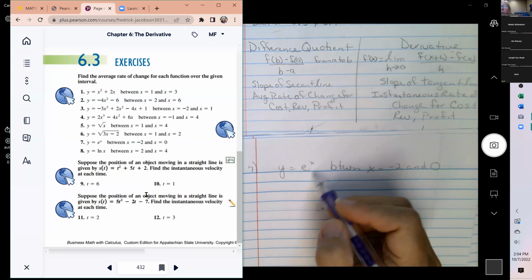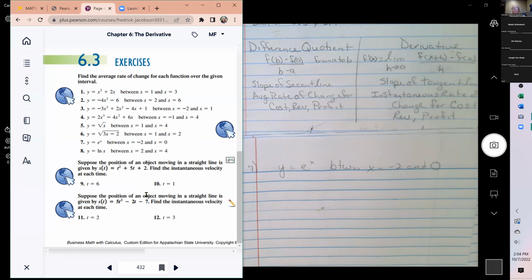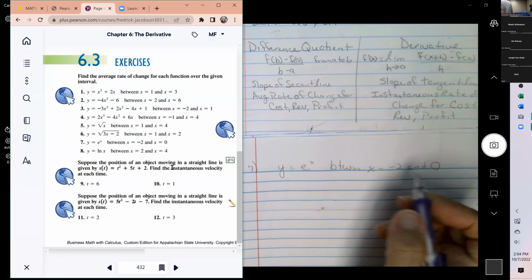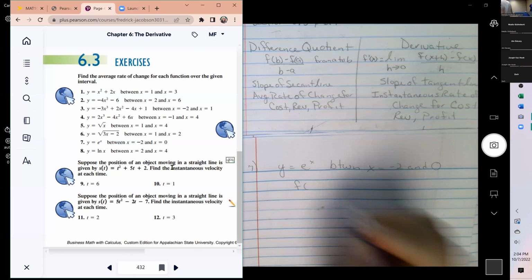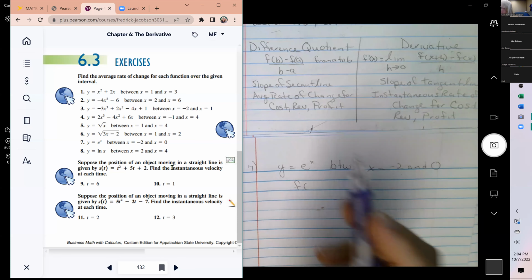Now on these ones, because you don't want to round until the very end, I usually plug it in all at once, where other ones where we get an exact value, I would not. Now, here's the formula.